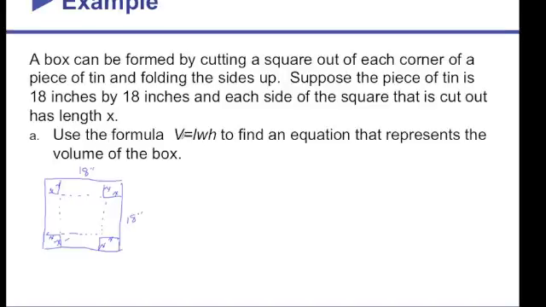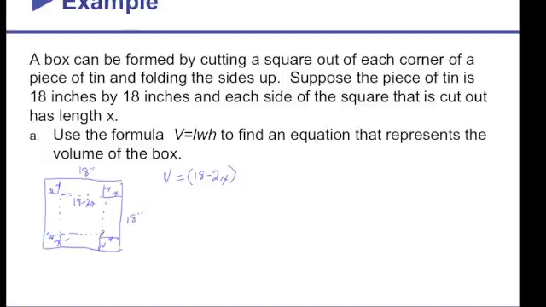We use the formula volume equals length times width times height to find an equation that represents the volume of this box. The length will be 18 inches minus an x and an x, so minus 2x. So 18 minus 2x.